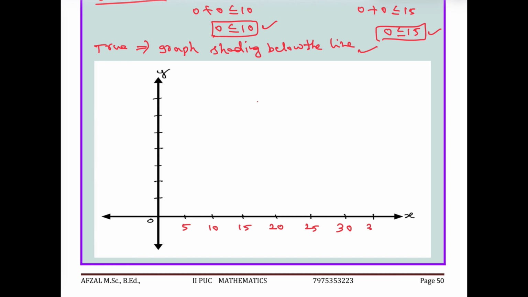Next, 8th question. The maximum and minimum values of the function sin 2x plus 5. The range of sin x is minus 1 to 1, then minus 1 less than or equal to sin 2x less than or equal to 1.